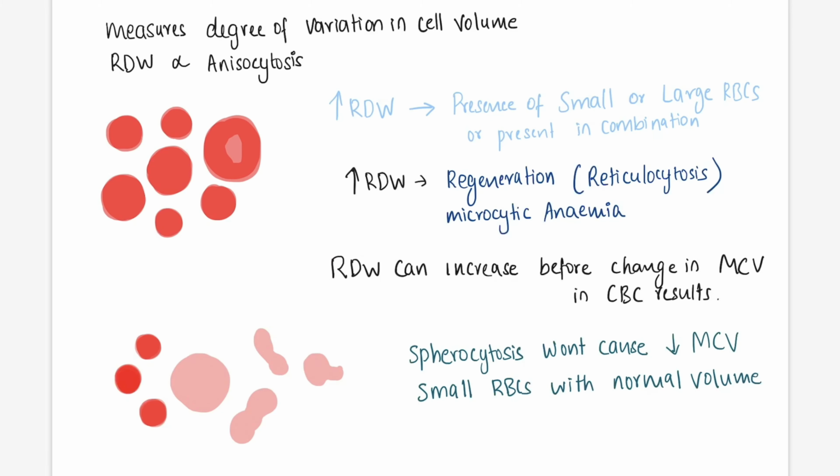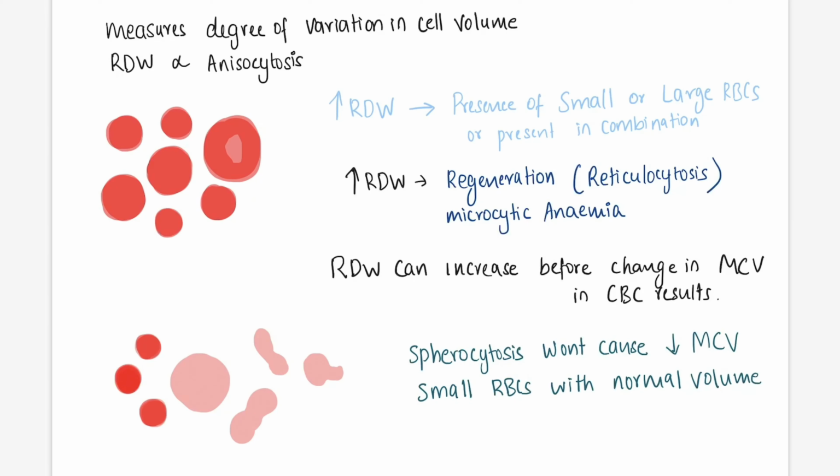And RDW is often a more important parameter to look at in CBC than the traditional erythrocyte indices such as MCV and MCHC. Why? Because RDW can increase before there is an actual change in MCV and CBC results, because in order to see a change in MCV, you need to have the majority of the cells in the sample to be either big or small.